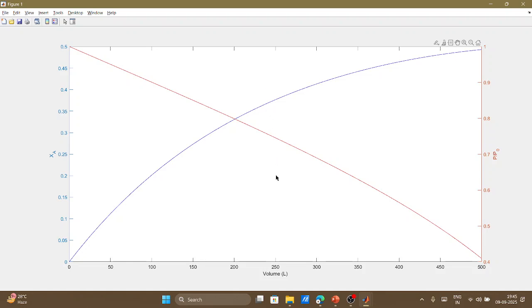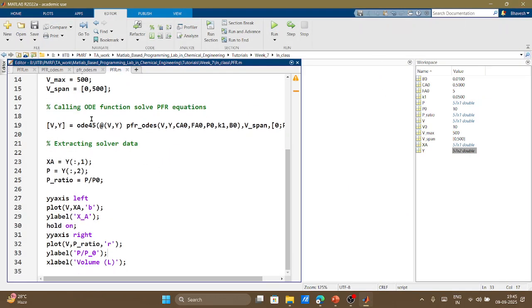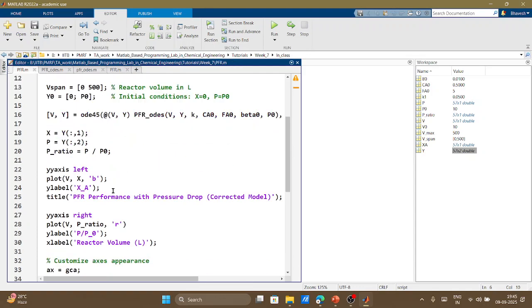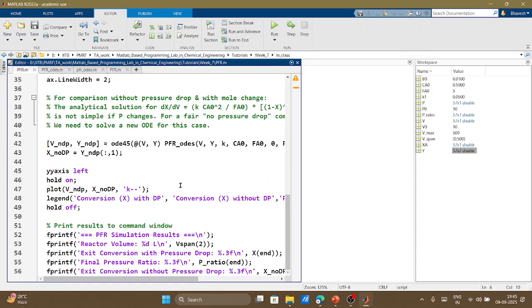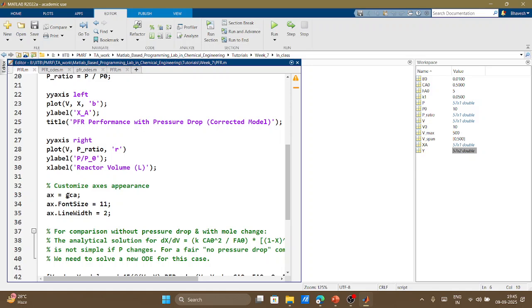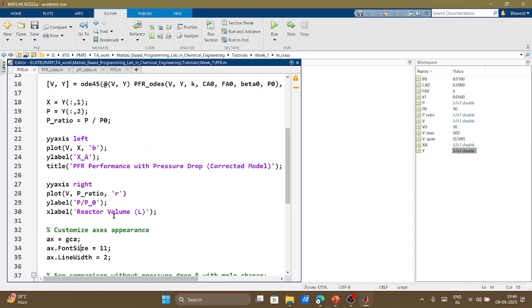You can further beautify this graph by changing the thickness of the plot, changing the line size, right? The reference code that will be given to you has these variations. If you use GCA, which is used for graphical customization in your plot, you can see I have controlled the font size, line width, etc. Okay, you can try it out.